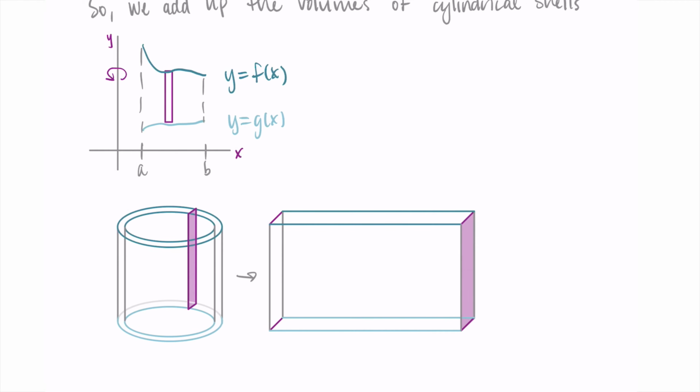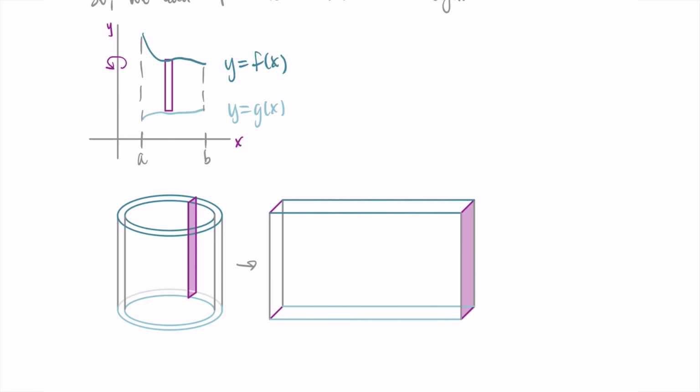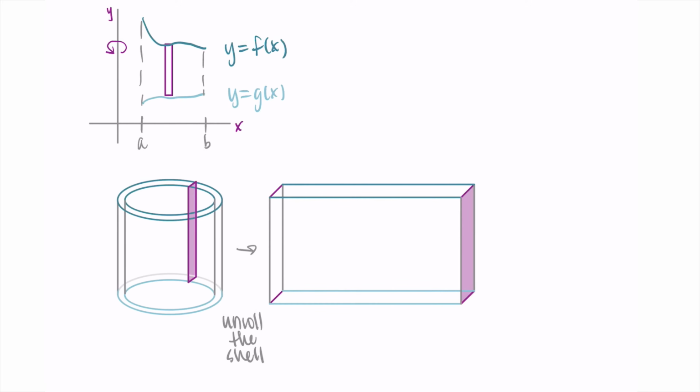And in order to find the volume, what we're going to do is unroll it. So I'm basically taking this shell and unrolling it. I'm putting a cut in it and then unraveling it down. You could think of a piece of paper wrapped up into a cylinder. You could unravel it down flat. So here we're going to find the volume of the shell now flattened out.